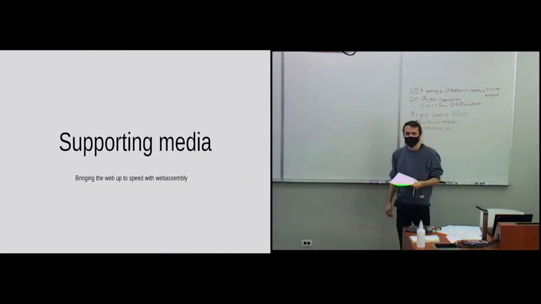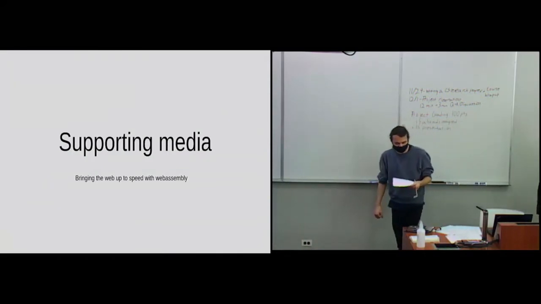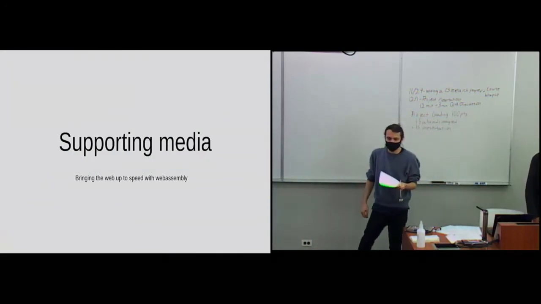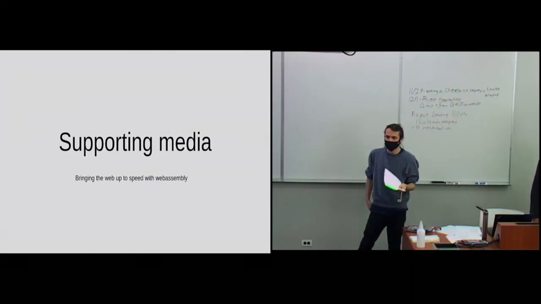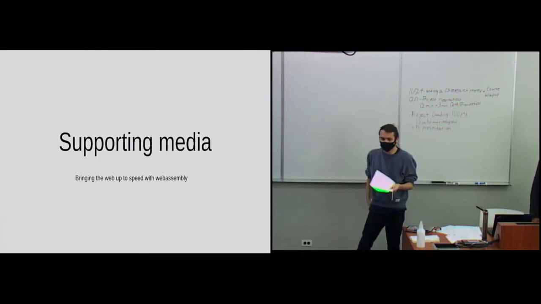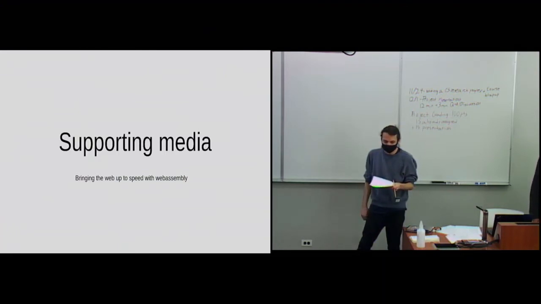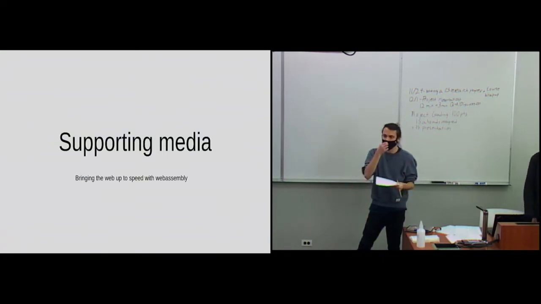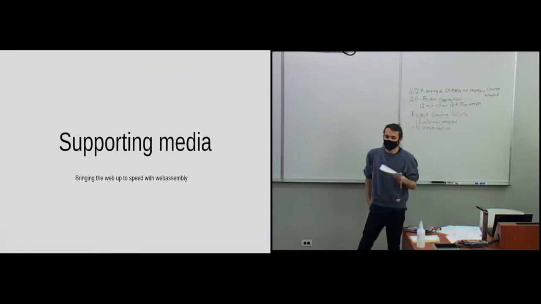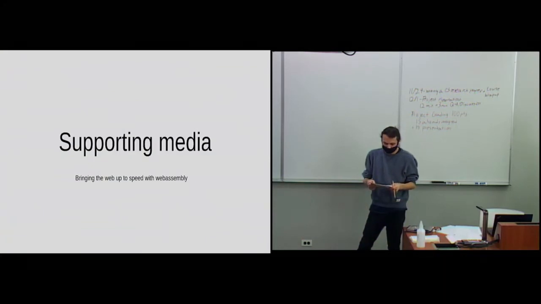Okay, so the general trend, if you haven't noticed, for the past decade or so, is more and more stuff that used to be desktop applications, like games, modeling software, creative tools, have all been moving to the browser for a variety of reasons. But there's been a problem because the only real programming language on the internet is JavaScript, and JavaScript was designed in a week by some crazy guy at Netscape in the 90s.